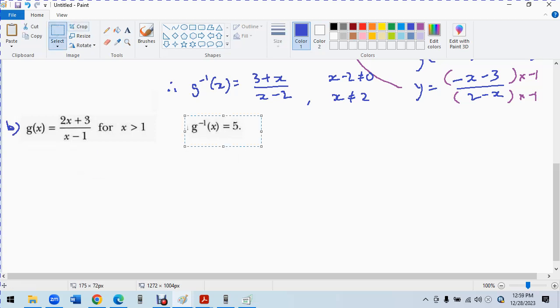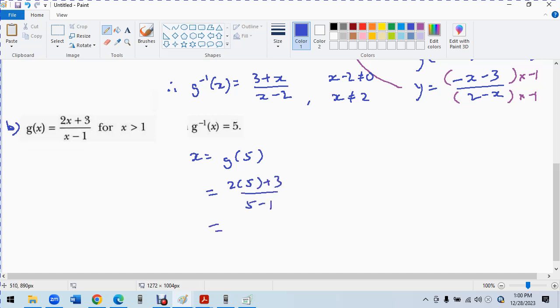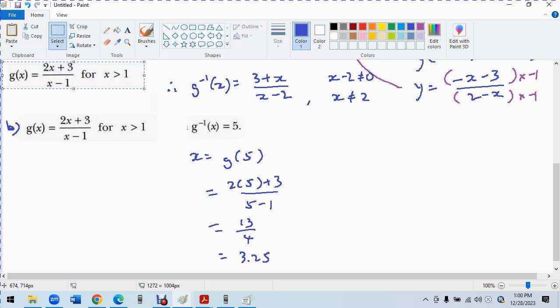So we have g inverse x equal to 5. Then x equal to g(5). Then we have (2 times 5 plus 3) over (5 minus 1), 13 over 4. Okay, 13 over 4 is actually 3.25. Okay, we also can do g inverse x equal to 5 this way.